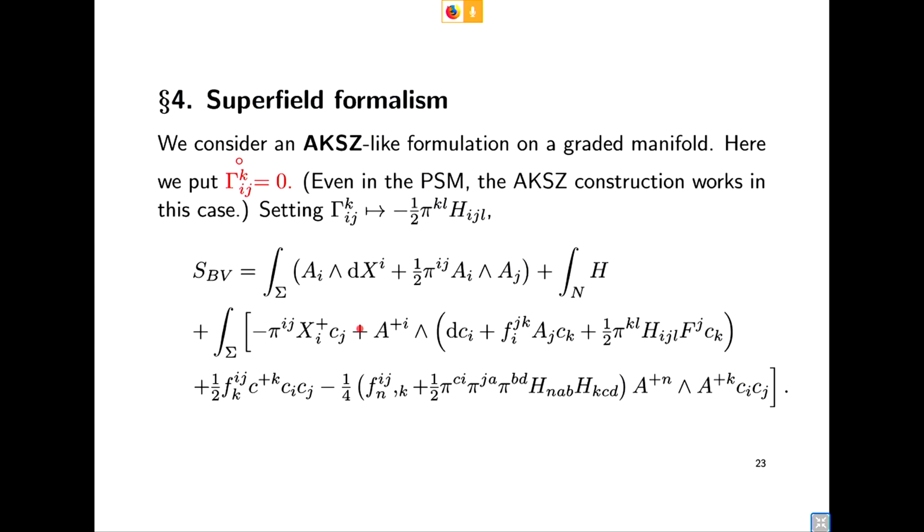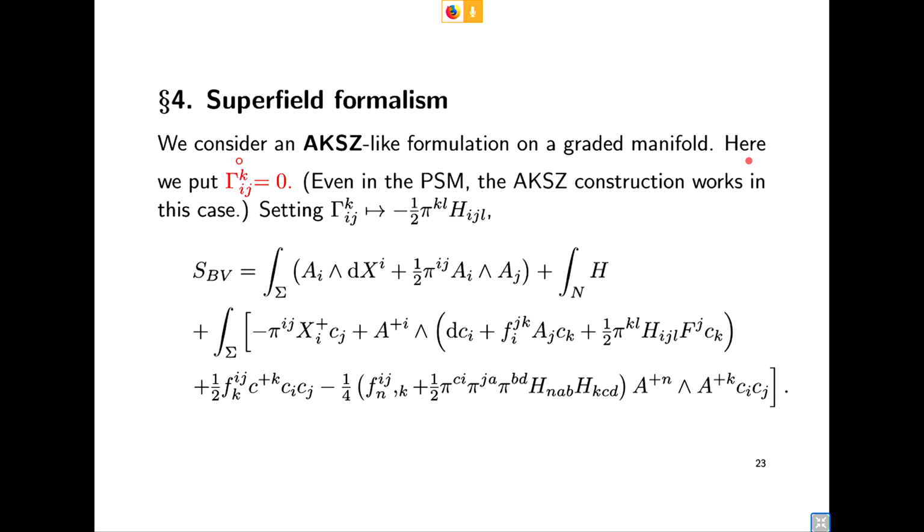Next, we want to discuss the so-called AKSZ-like formulation of this model. We constructed the BV action functional, so we can rewrite this action functional in terms of the AKSZ-type super graded manifold formulation.